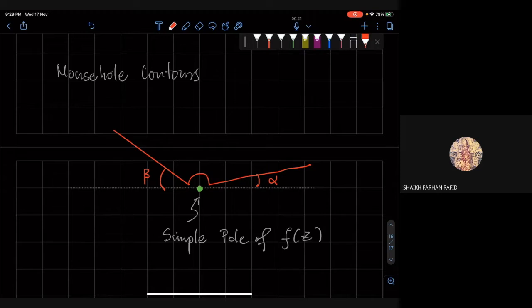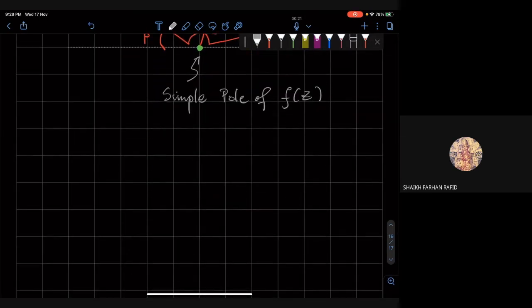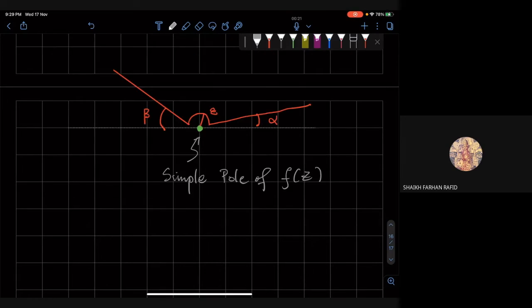And this is epsilon, this radius. And this doesn't have to be at 0. Suppose the real value of this point is a.